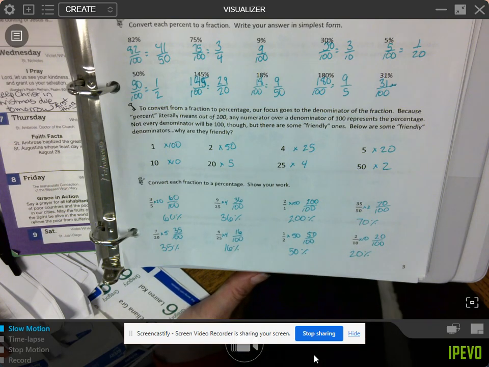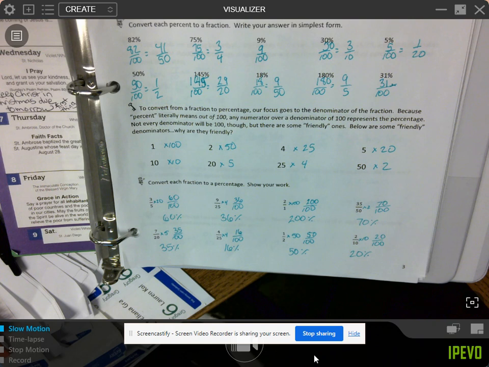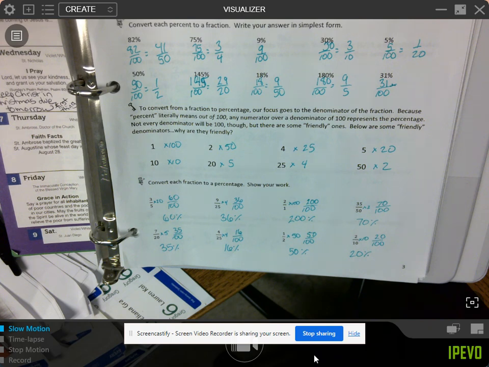Ava. I have a question on 2 first, yeah. Yes. I got 200. Right here? Yeah. We did this one together as a class. We did? We did. So we wanted 100 as our denominator. So we times 1 by 100. Right?